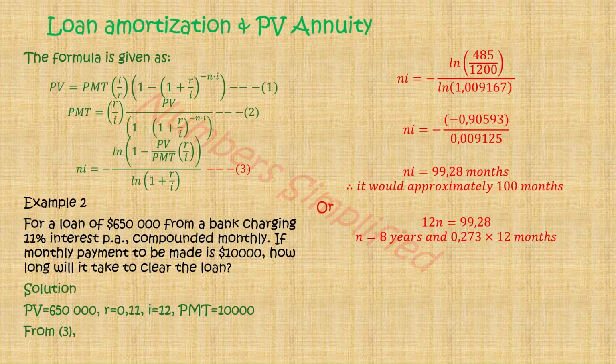Multiplying that by 12 months, at the end we get 8 years and 4 months. That will be the time it would take to clear the loan.